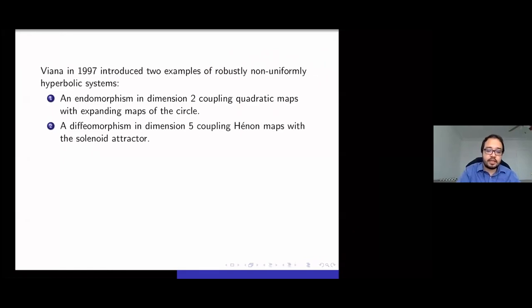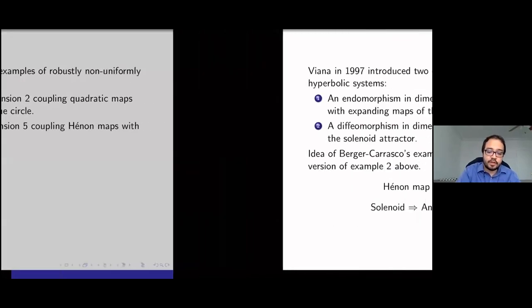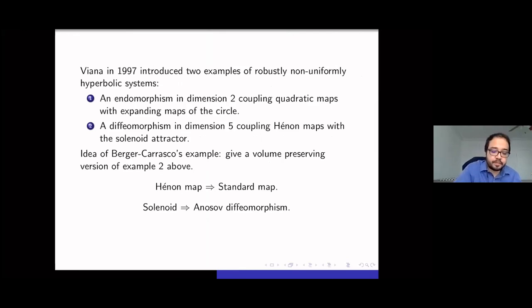One of the ideas of the Bárány–Carrasco example is to look at the second example, where you have a diffeomorphism, but you have a map in a solenoid attractor, so this system is not volume preserving. So the idea is to construct a similar example, but which is volume preserving.